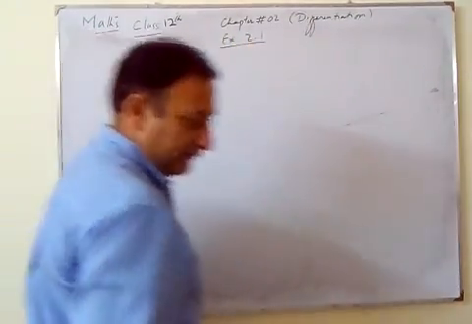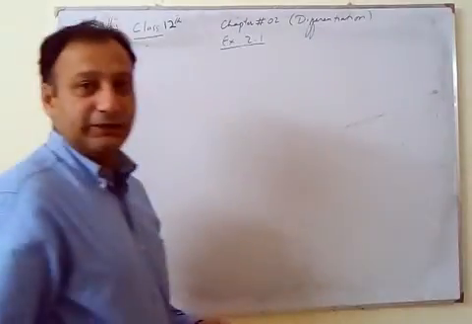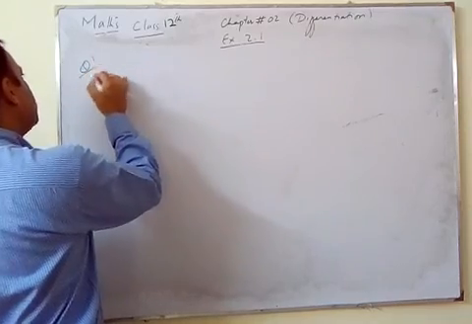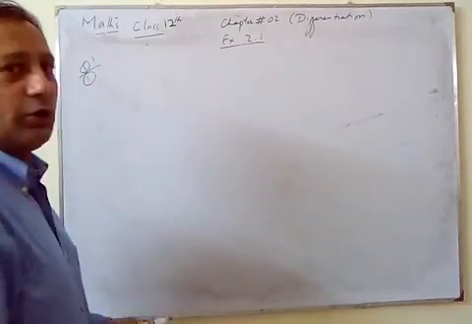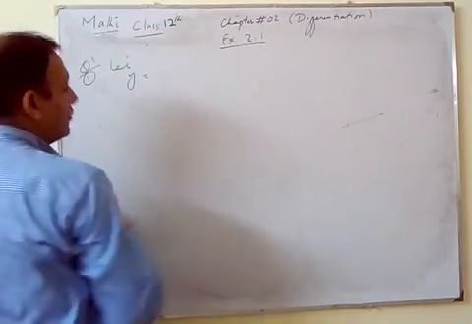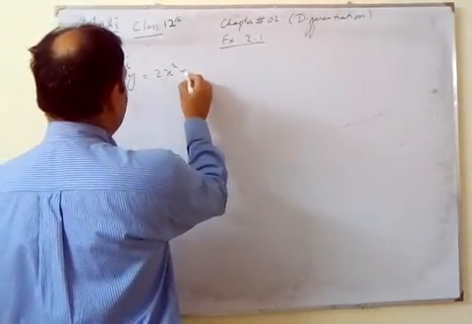Question 2.1, the first part: find by definition. By definition means that we have to follow these 3-4 steps. The first step: let y equal 2x square plus 1.